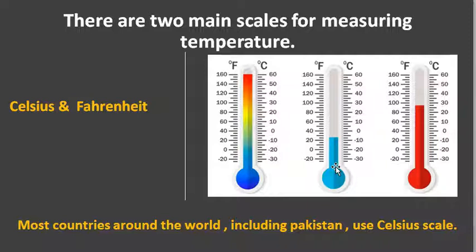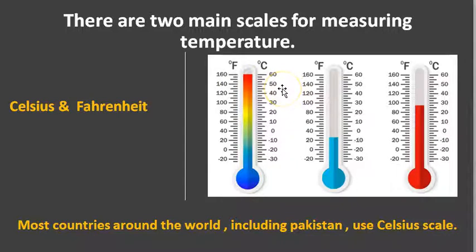Look at the sign C, and this sign is called degree. C is from Celsius, and F from Fahrenheit. We use the Celsius scale to find out the temperature.